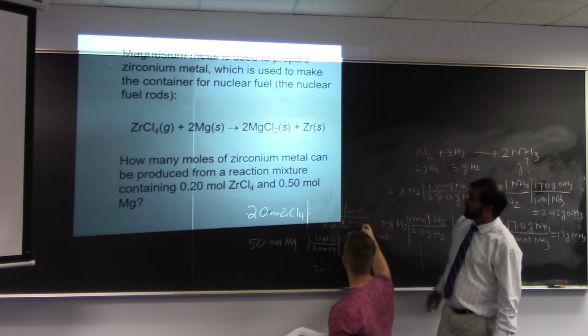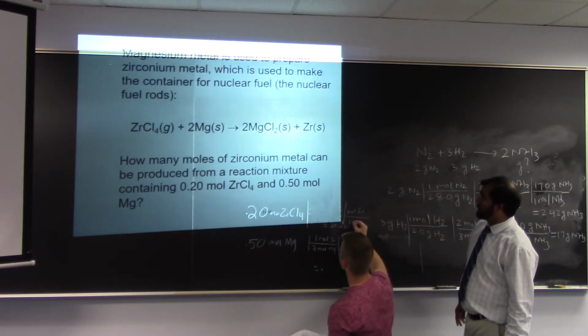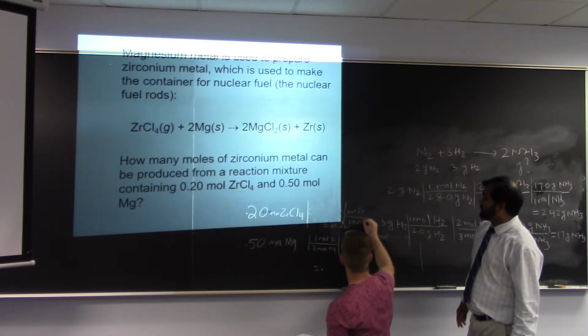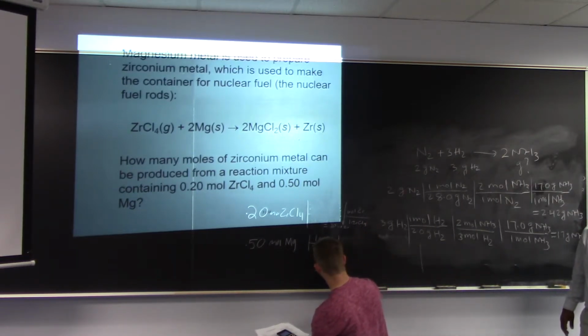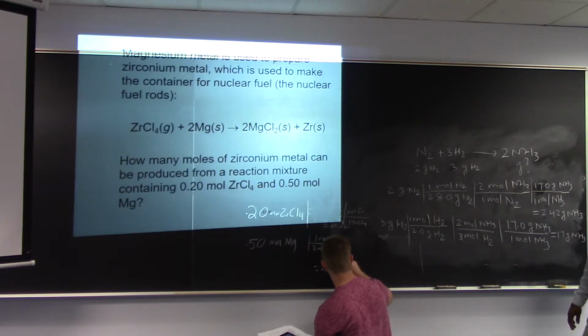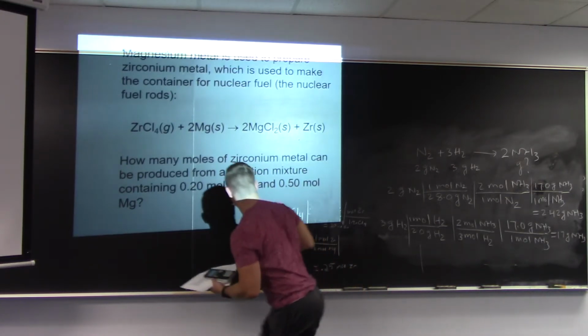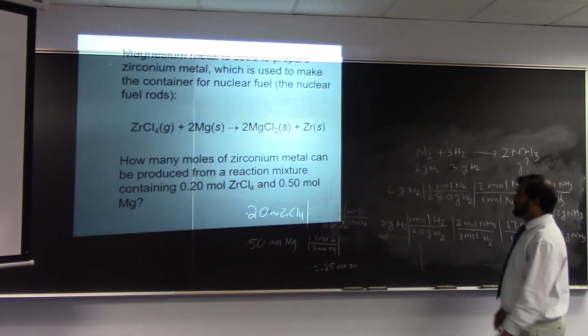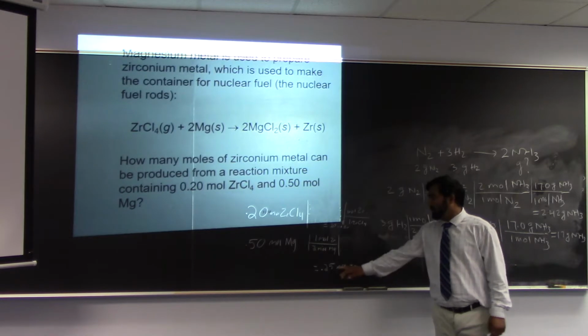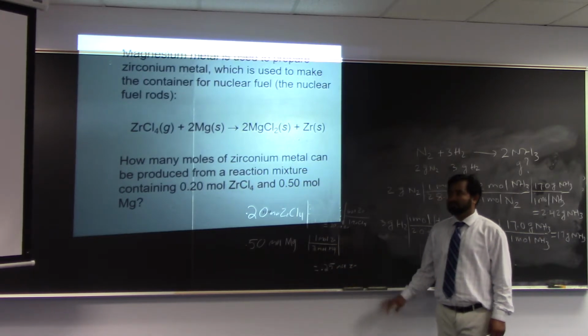You can have a higher number than 0.2, but that's only because of the amount in the 0.2 moles. So how many moles of zirconium metal can you produce? 0.25 or 0.20?